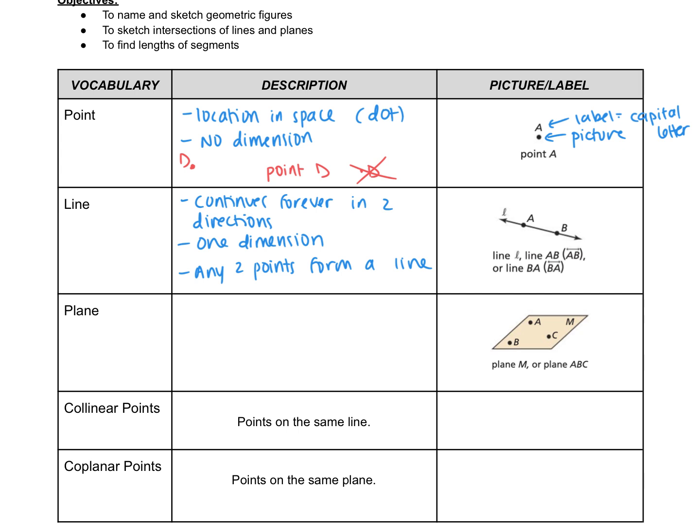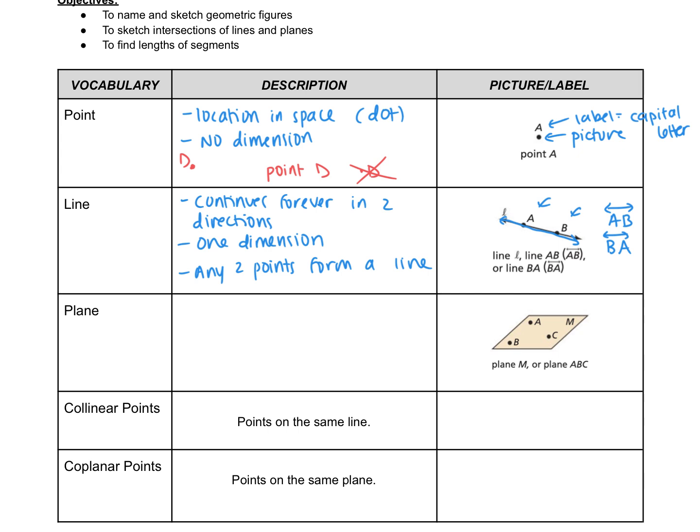Okay, so you see a line to the right. We see this point A, this point B, and those points were connected with a line. There are many ways that you can refer to that line. You can put the 2 points and write a line over the top. You can do it the other direction as well, so it doesn't matter the order that you write those in.